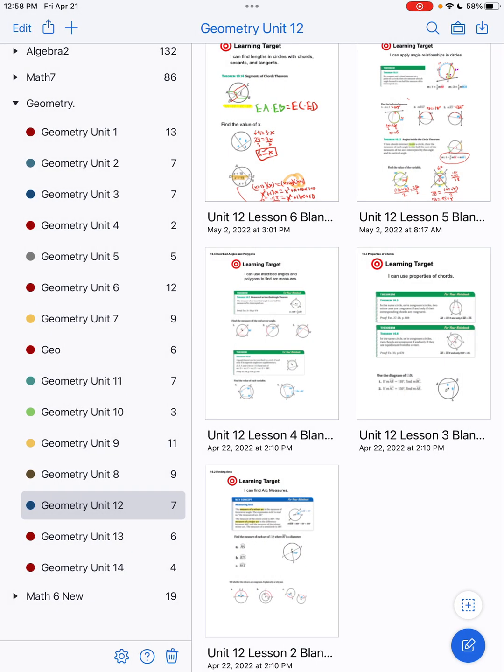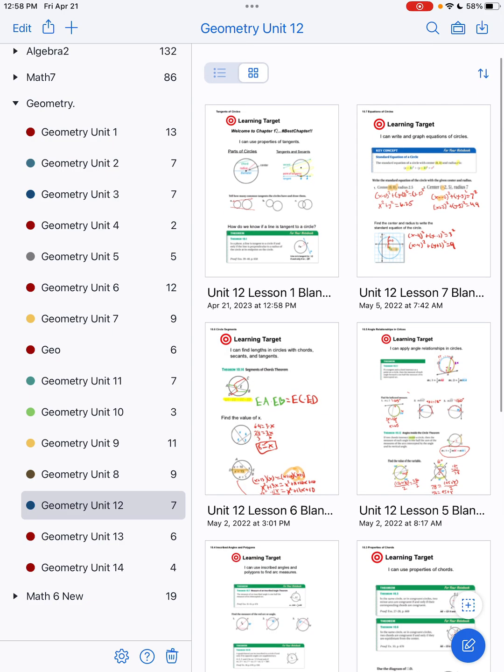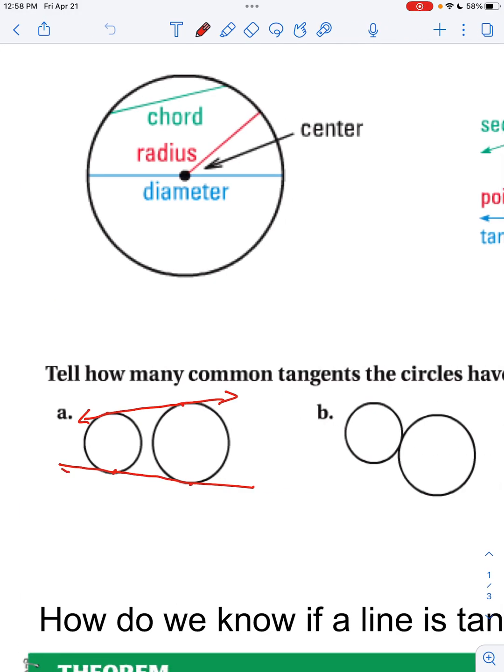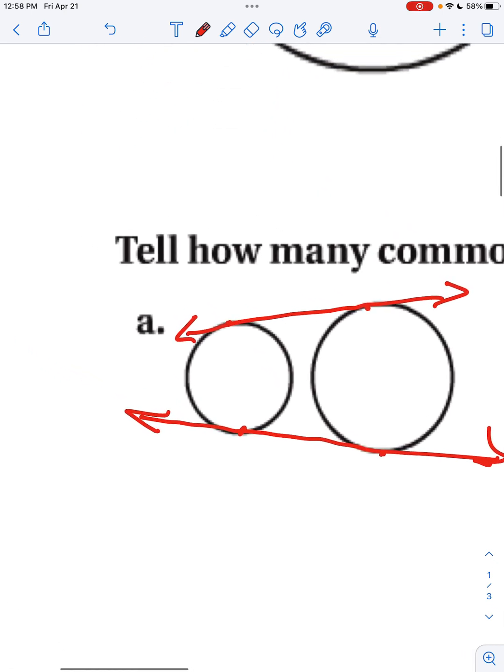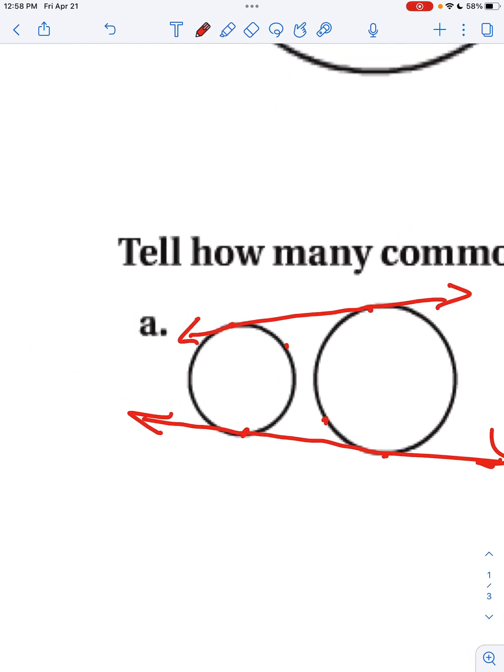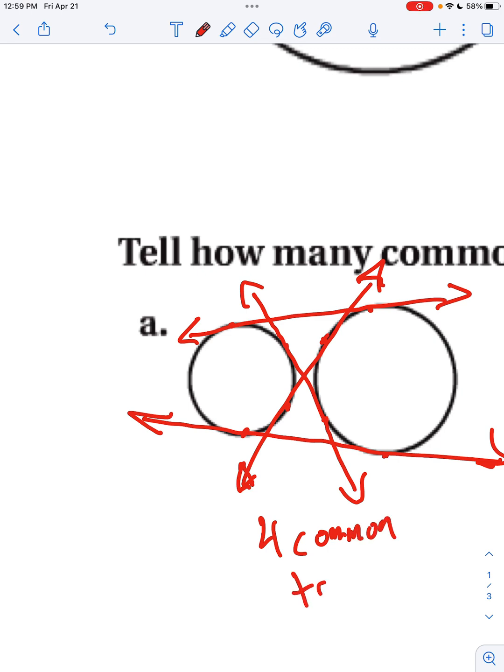Oops. Lost it. There it is. Two so far. I also have some in the middle here where something like this could be a tangent line, and basically the same thing over here. So these sets of circles actually have four common tangent lines.